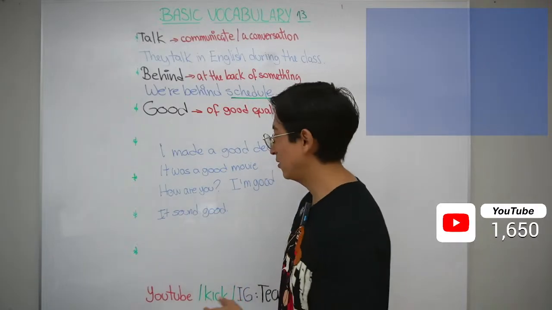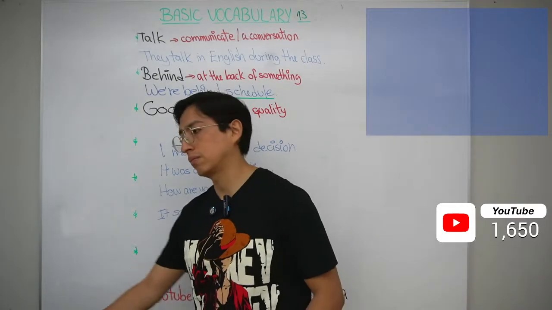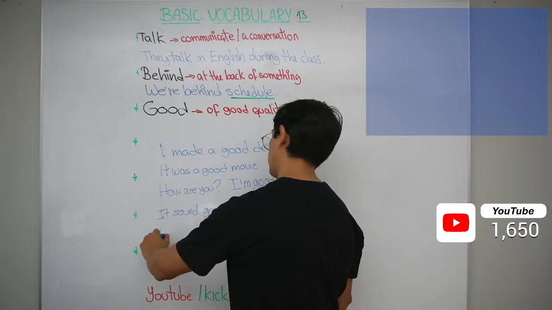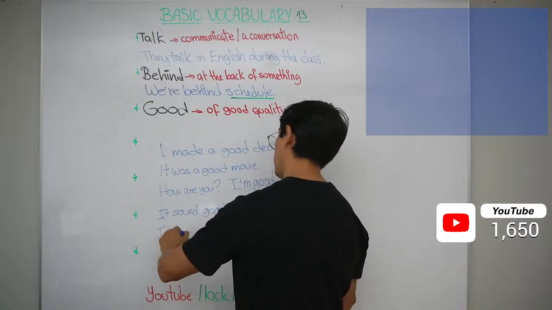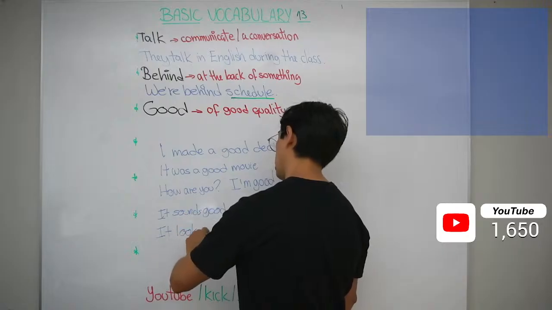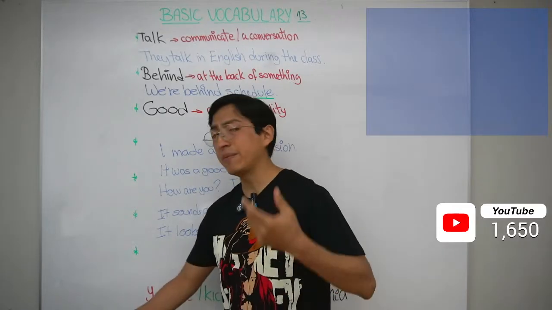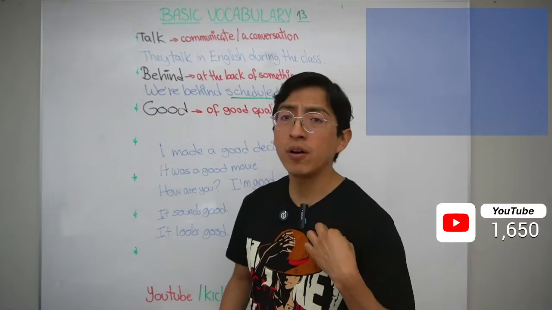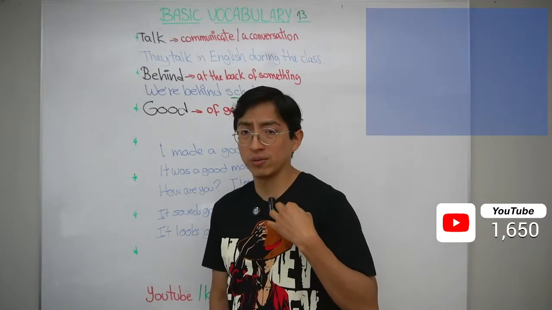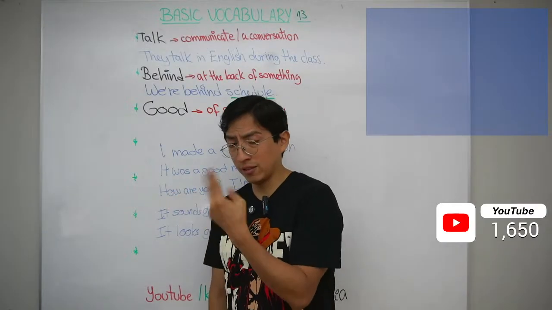What else? You can say, it looks good. Hey, I bought a new sweater or a new t-shirt, and you can say, wow, that's awesome. It looks good on you.